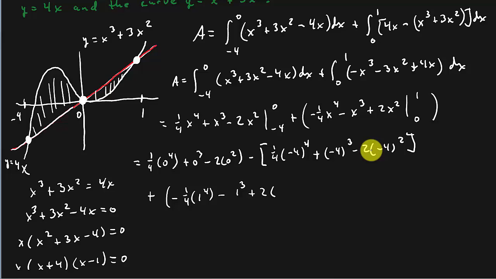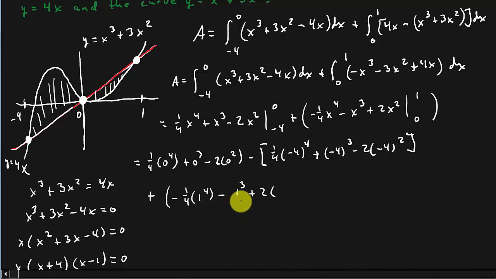This stuff, it just all gets jumbled up, doesn't it? All right, so we plug the 1 in to here, and then plus 2 times 1 squared minus, and now we plug the 0 into here. Now, watch this. When I plug the 0 into there, that's just 0.